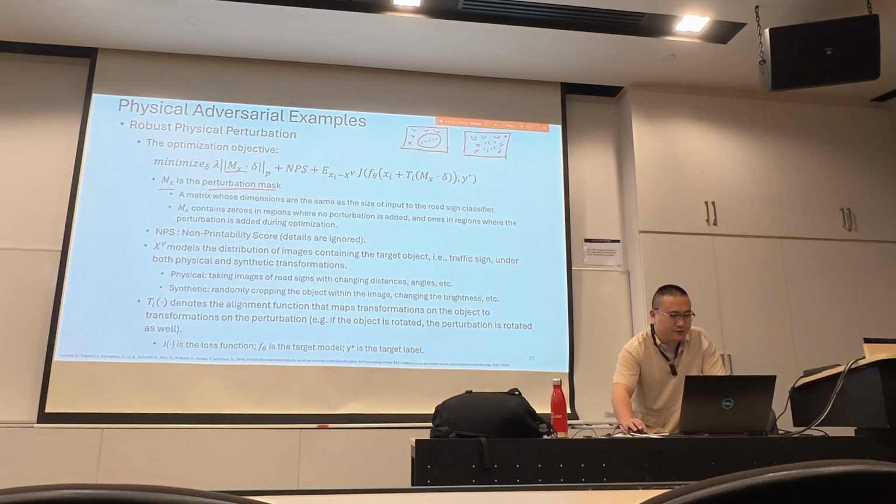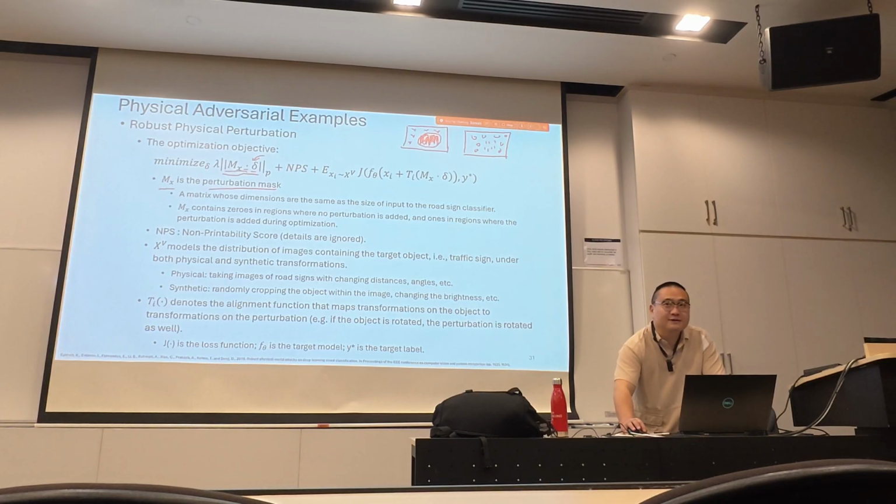So in this way, when we do element-wise multiplication, where this dot means element-wise multiplication, we do the multiplication between the mask and the adversarial perturbation. And then we can see that we actually extract the perturbations that will be applied on the surface of the road sign. So this is the first term.